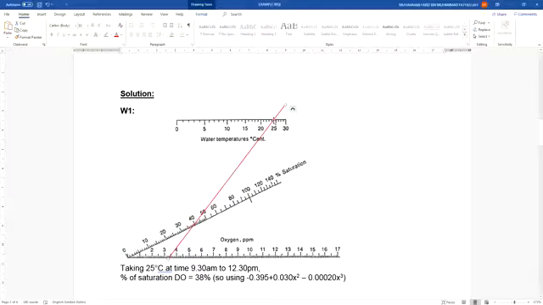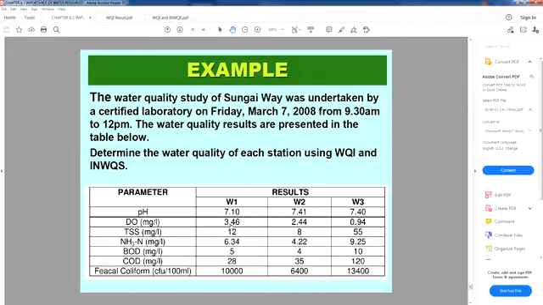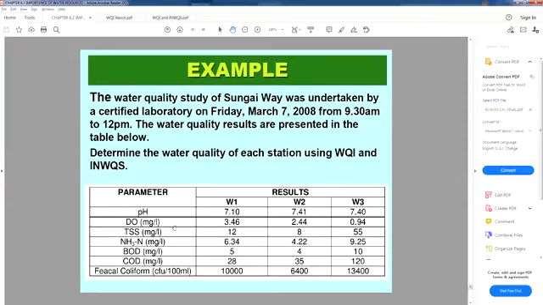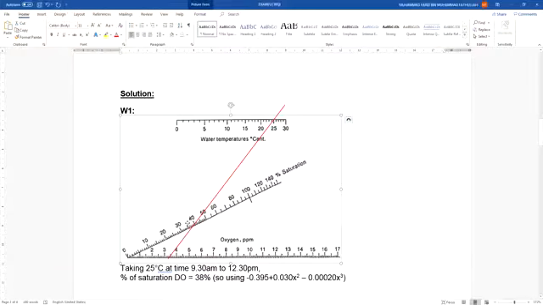So you take 25, okay, and then you extend it and match it with the concentration of the oxygen based on your data. So here the DO is 3.49 mg per liter. Okay, oxygen ppm is the same as milligram per liter, they are the same unit.